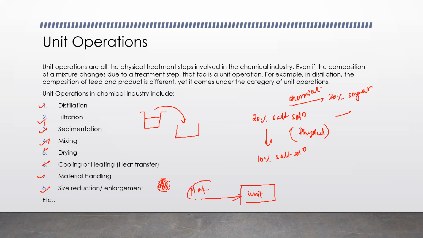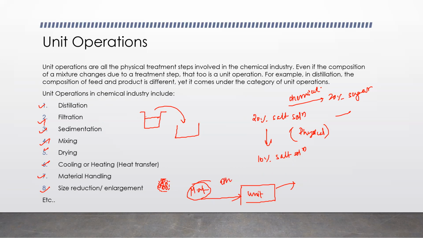If I send material to this unit to get something else, that something else is basically this material with a changed composition maybe, or with a different temperature, pressure, or volume. But it is not a different substance.